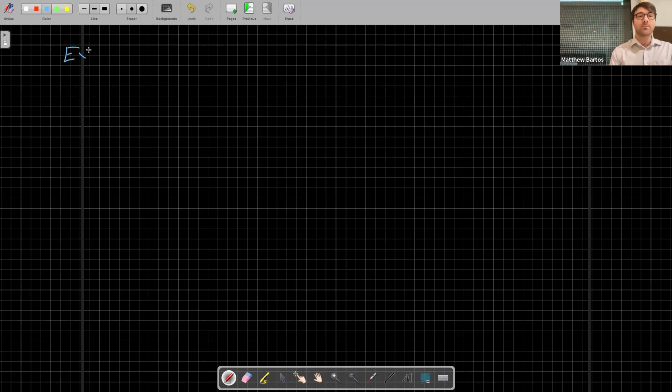So let's say we have a pipe and we want to compute the mean velocity of flow given the dimensions of the pipe along with the discharge. So we have some pipe.